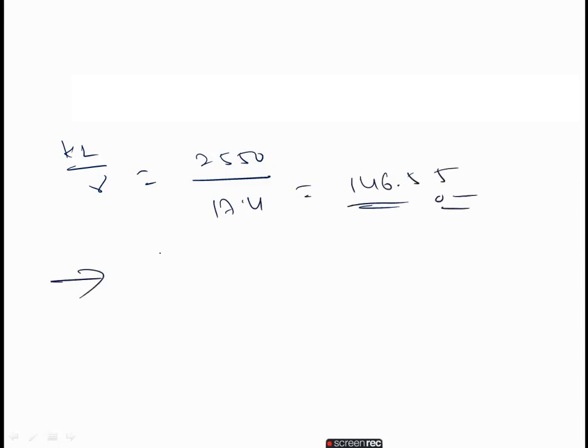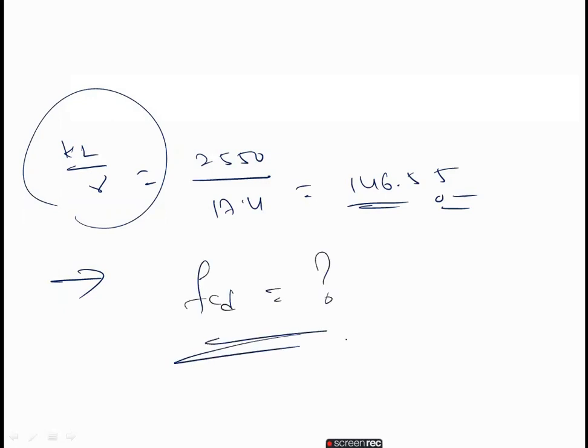Now if you observe here, from the KL by r value you have to calculate the FCD. Yesterday in class I told you, once you got the KL by r value, open the tables available in the IS 800 code book 2007. Now the steel grade, this fy value is 250 Newton per mm square.